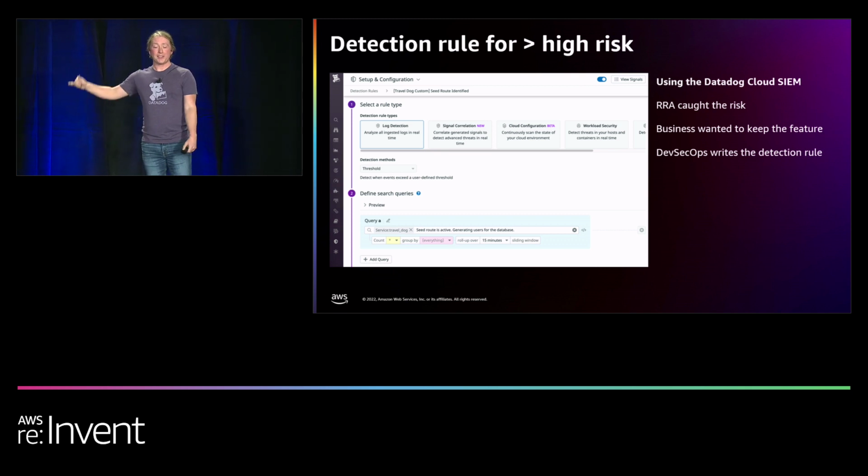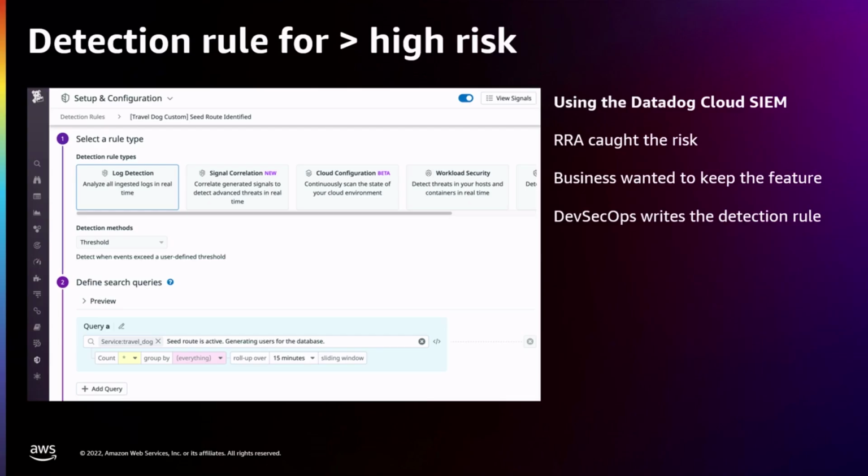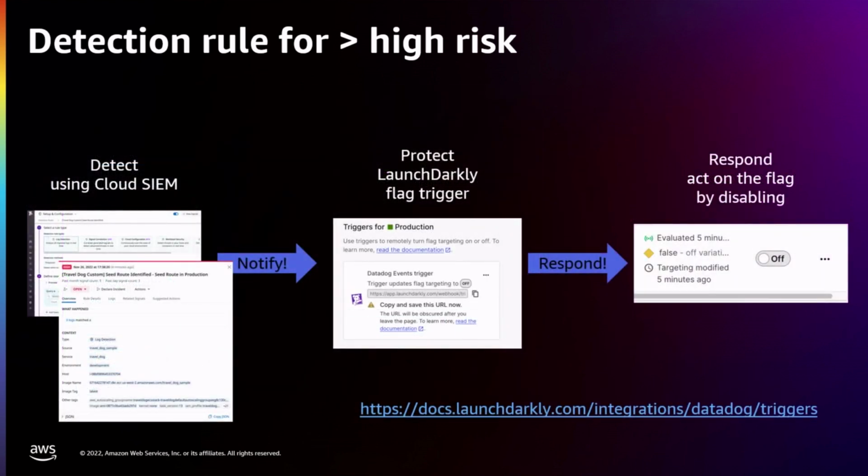And so in our case, let's pretend that we actually did an RRA, rapid risk assessment, at TravelDog. And the business wanted to keep the feature in the app, even though it was flagged as a risk. So the compromise is that the DevSecOps folks, or your engineers, because we're all DevSecOps folks, write a detection rule to detect that behavior.